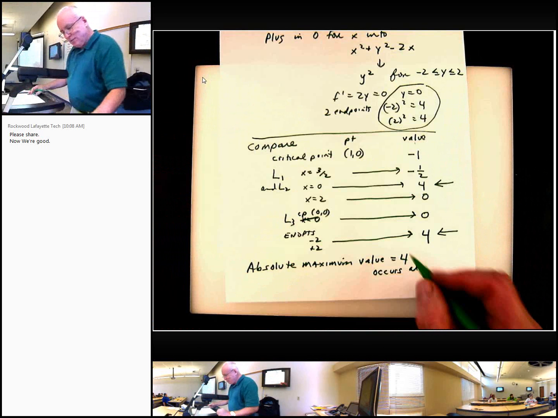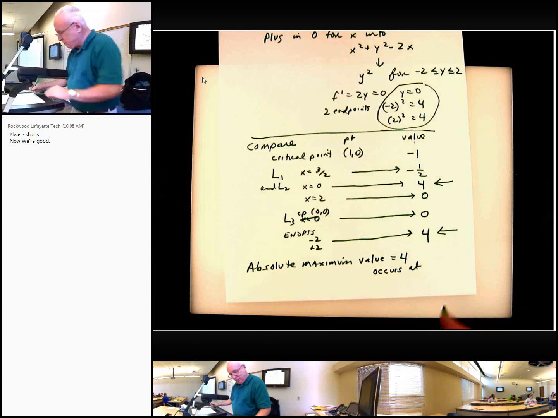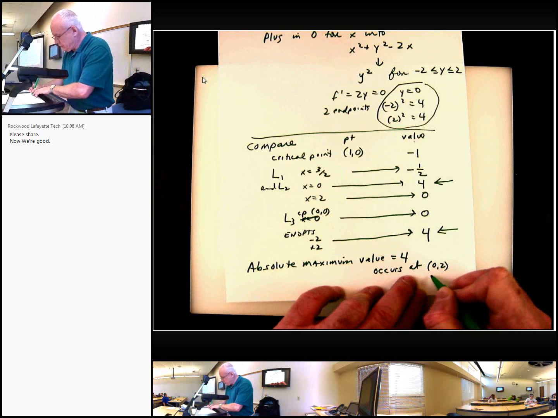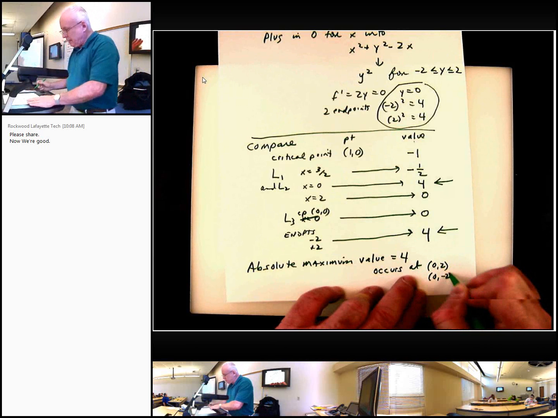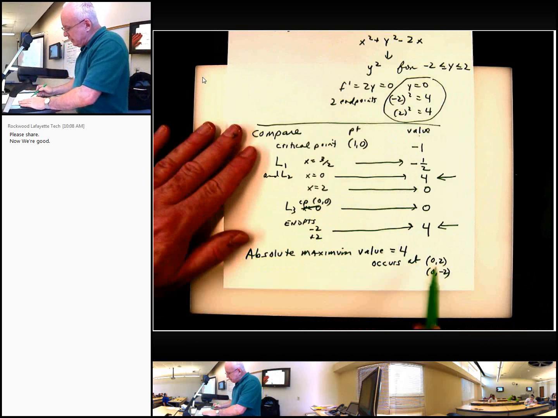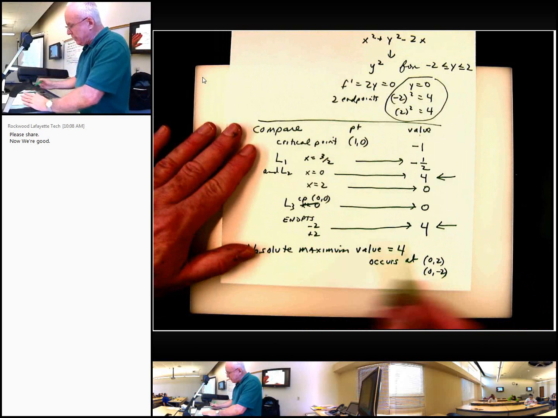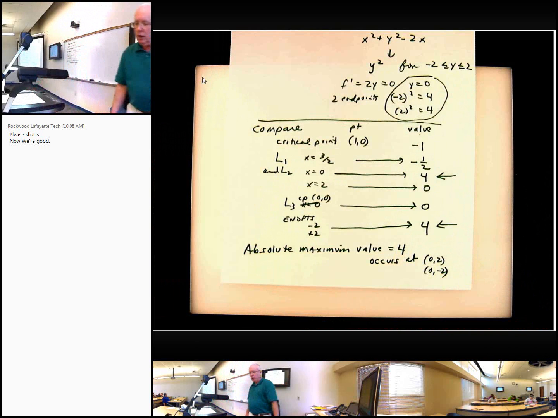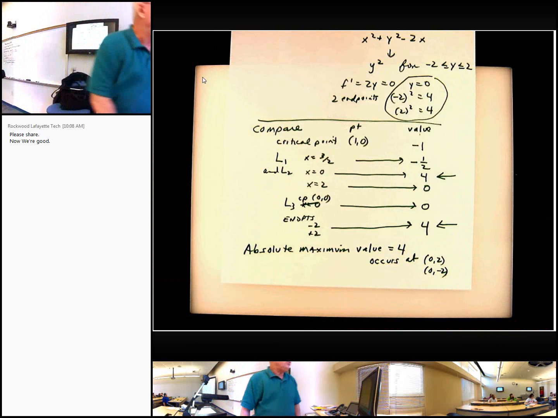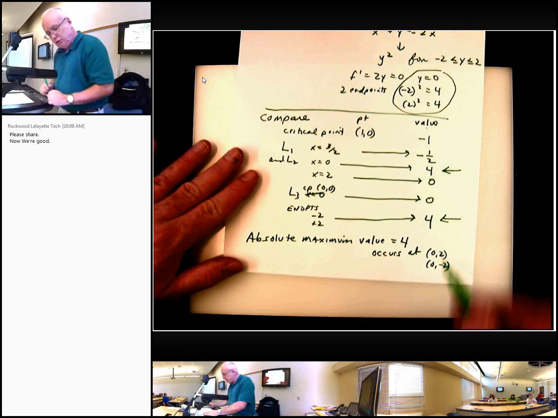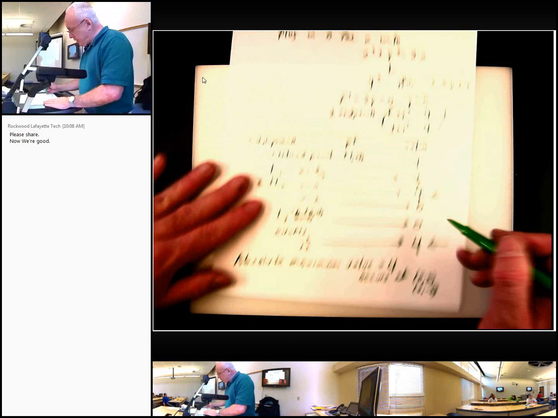So this is going to be (0, 2) and (0, -2), and that's the same thing here. Those are the same 2 points for L3 at the 2 endpoints. So for those 2 places, we have our maximum value at those 2 points.